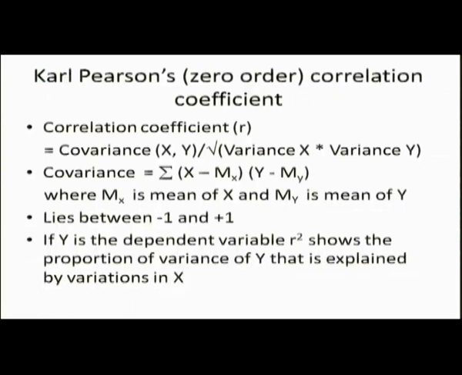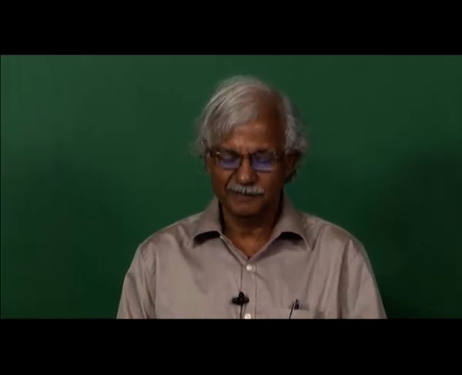If the correlation coefficient between two variables is 0.3, what does it mean? The absolute value of correlation lies between 0 and 1. Minus or plus shows the direction of the relationship. The minimum absolute value is 0, the maximum value is 1. So, if it is 0.3, it is a small value, but what does it mean?